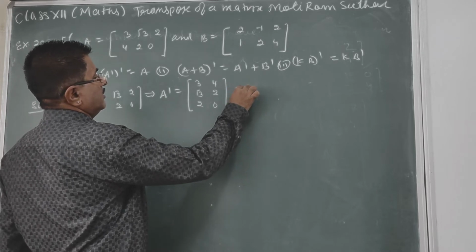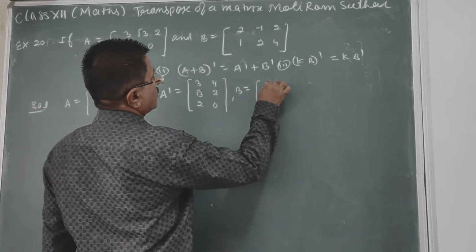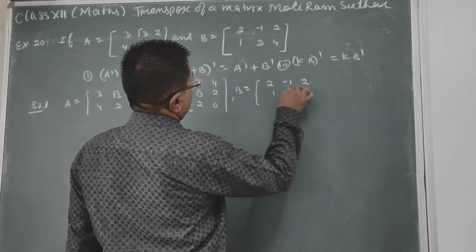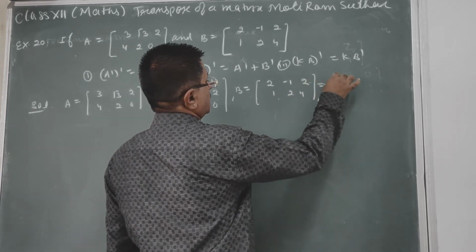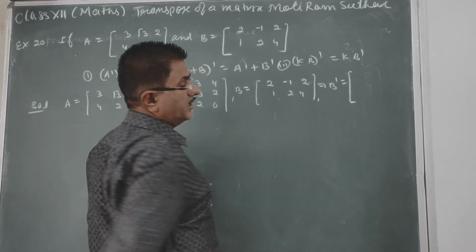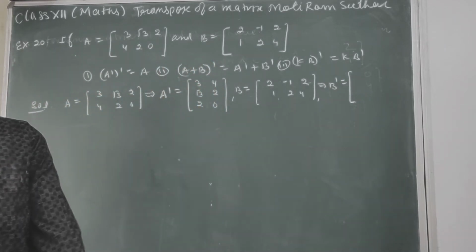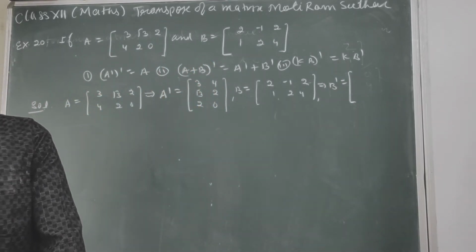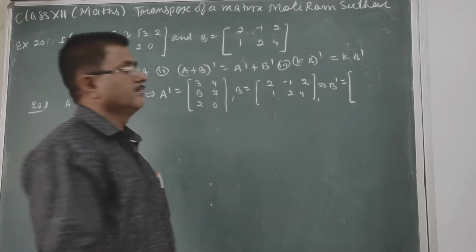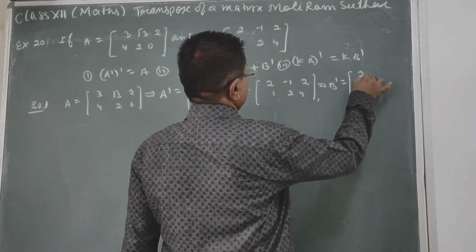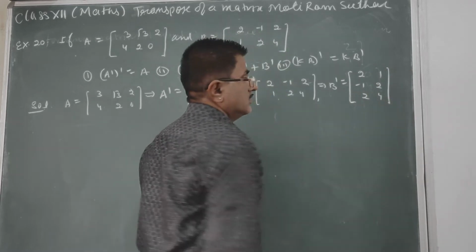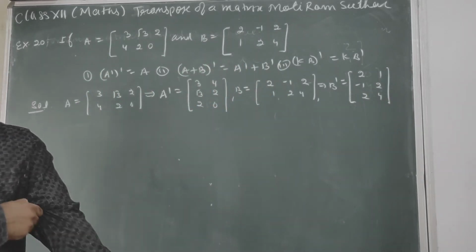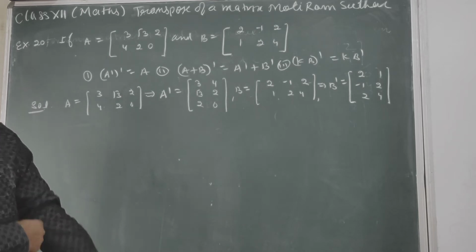Similarly we are given B, 2, minus 1, 2 and 1, 2, 4. Then we find B transpose. Here also the first row converts into the first column, so 2, minus 1, 2, and 1, 2, 4. This is B transpose, right?